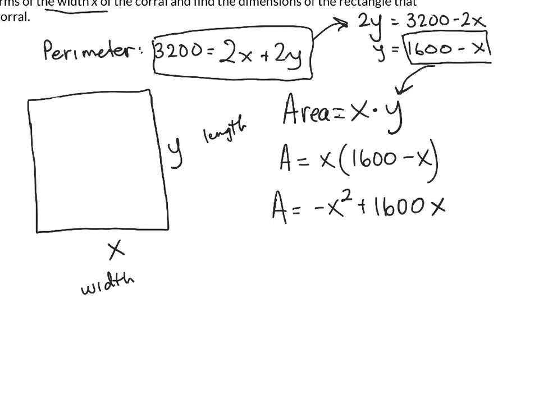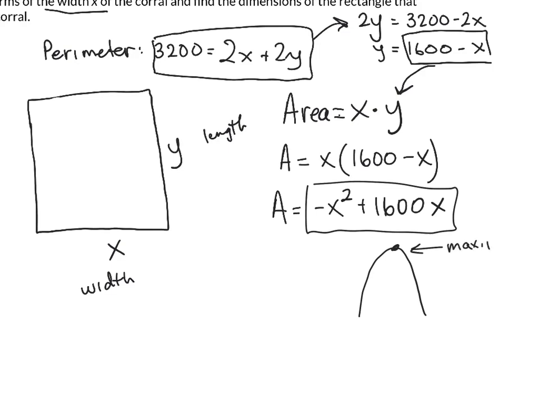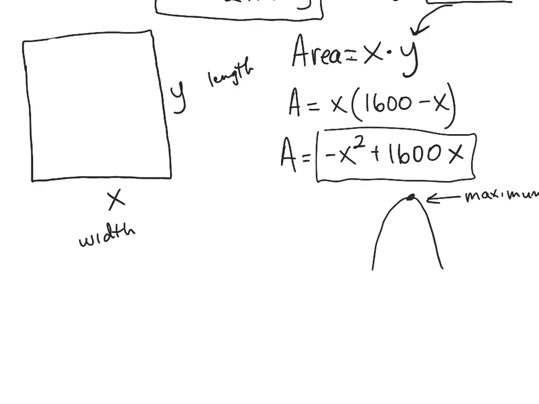If we consider what the graph of this would look like, it's an upside down parabola because of that negative x squared, so the vertex is a maximum. So what they're asking us to find is the maximum of this quadratic function. What is the vertex? So we just need to find the vertex.